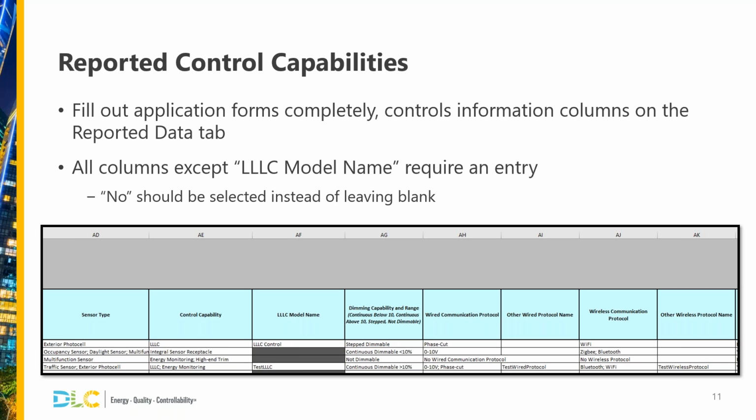So in the past, there may have been some selections where if you left it blank, that meant no, or you didn't want to report the information. But for controllability capabilities, we require you to select no if you don't want any information there. If you do not list no, what happens is a reviewer may have to reach out to you for clarification on your control capabilities, which can cause a delay in your submission.